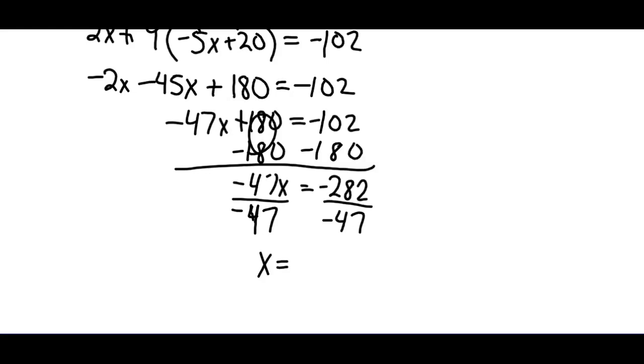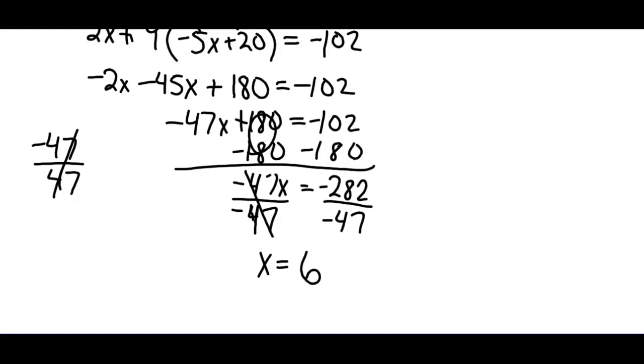So this will cancel because they're the same thing. Kayla, if I do this, this will cancel, but I'll still have this negative 1 here. So I'll still have a negative x. Okay? I need to divide by the exact number. That should give me a positive 6 because both of those are negative. And then when I plug a positive 6 into my y equation, I should get negative 10.